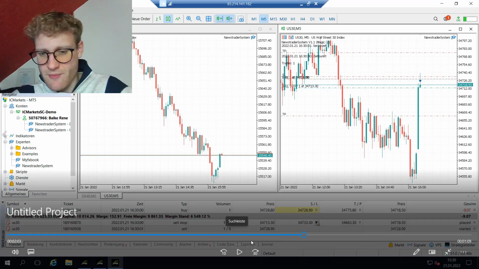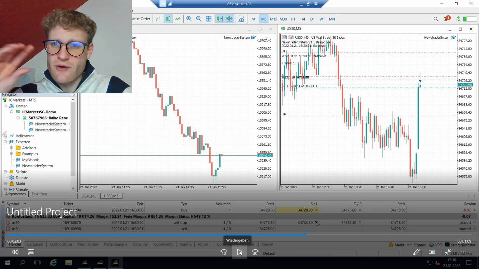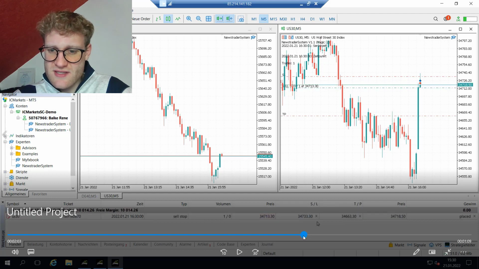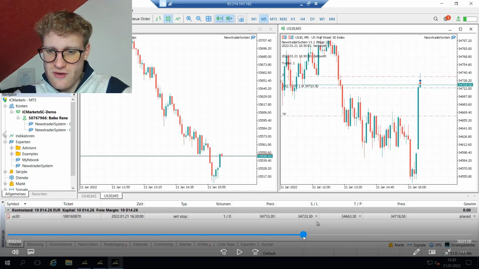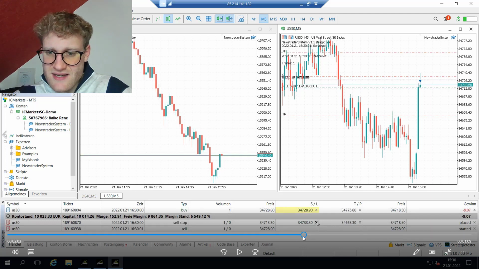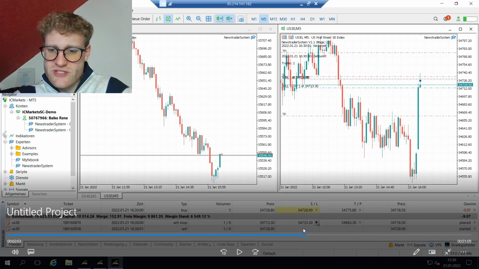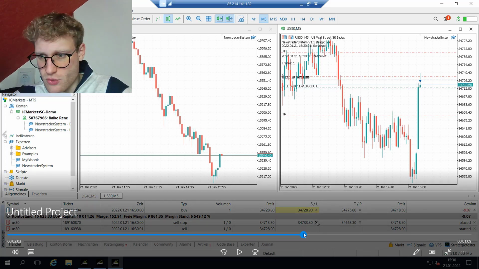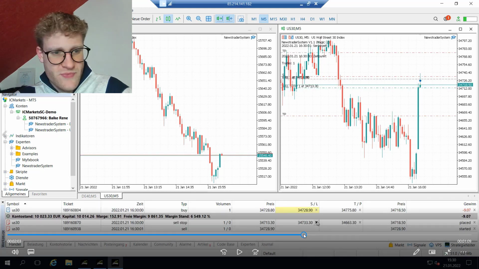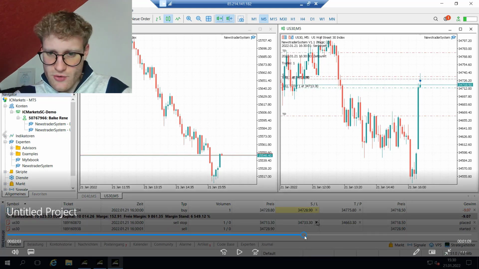This is something you have to keep in mind if you are trading setups like these in high volatility markets. Let me move the cursor here. A split second later, the SL is executed and the position is closed. So we lose about 9 euro or dollar on this trade. I think the account is in euro.